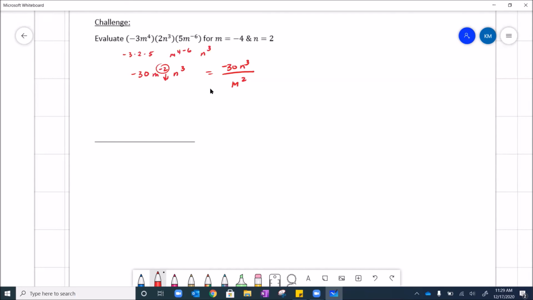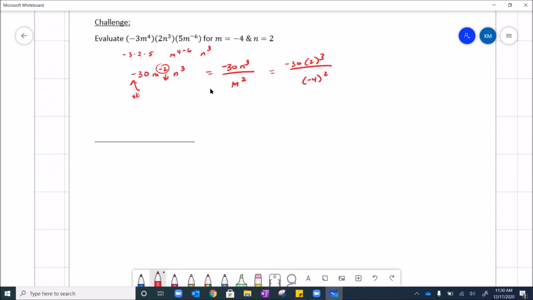Okay, remember that we can have a negative number. We cannot have a negative exponent. So this is okay. Negative numbers okay. Negative exponents not okay. So now I plug in my values. Negative 30, 2 to the third over negative 4 squared.